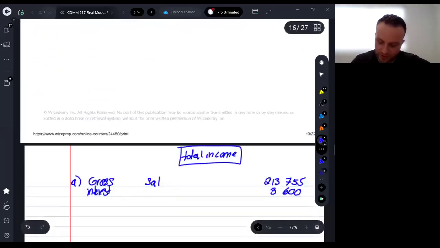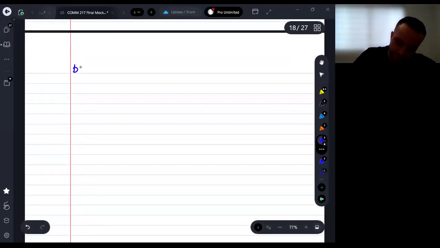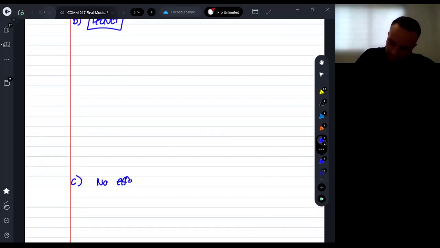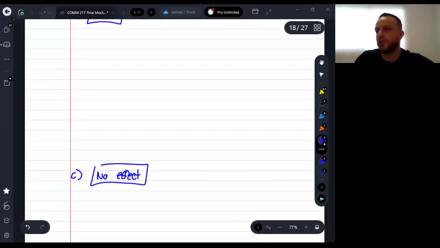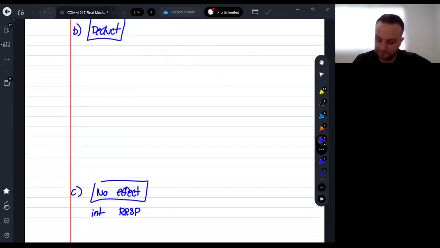B is what we could deduct. So I'll put B, let's see on this page. B is deduct. And somewhere in the middle, we'll do no effect. So this would go in the no effect. Interest on RRSP wouldn't have any effect.